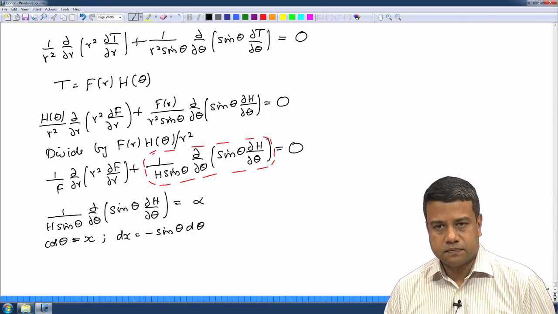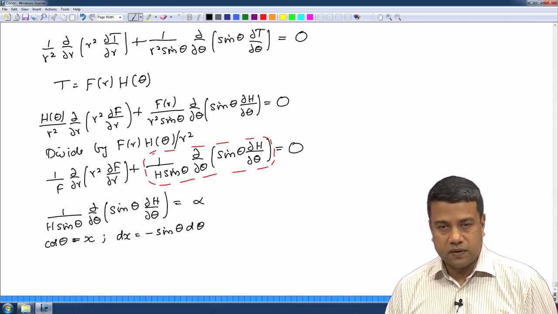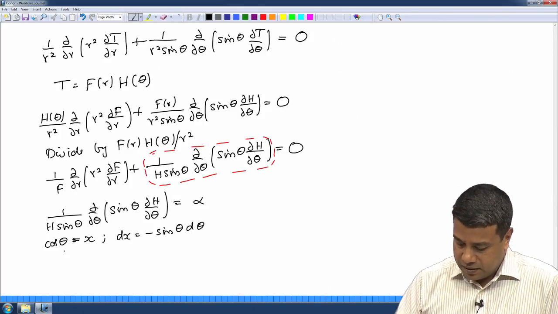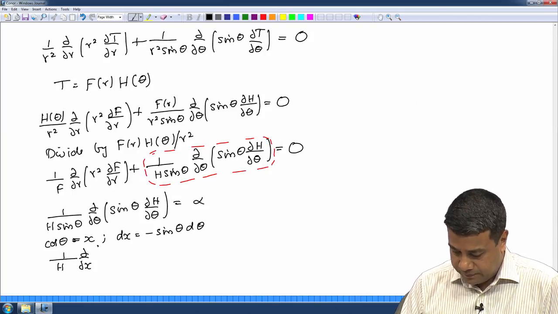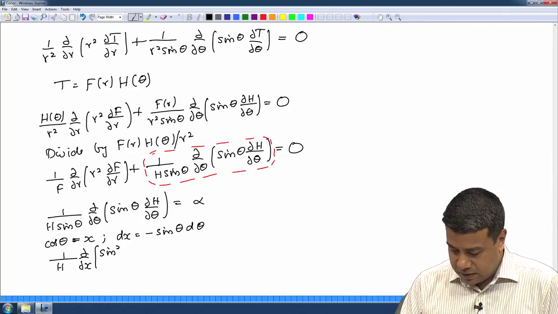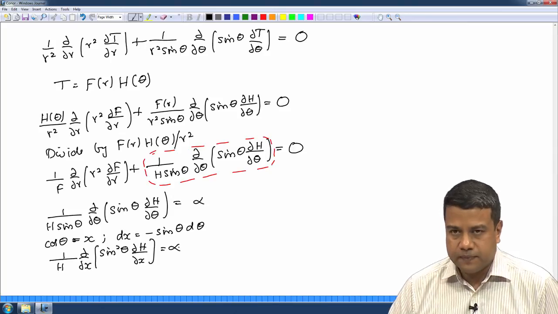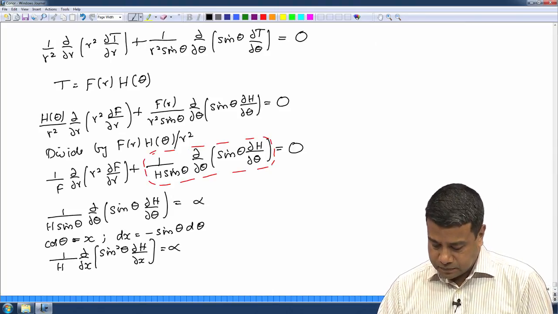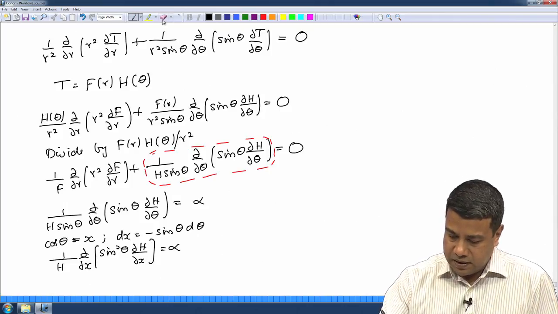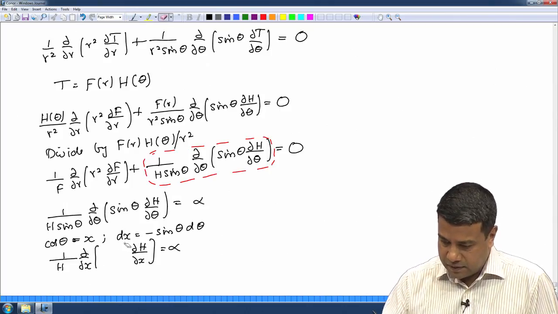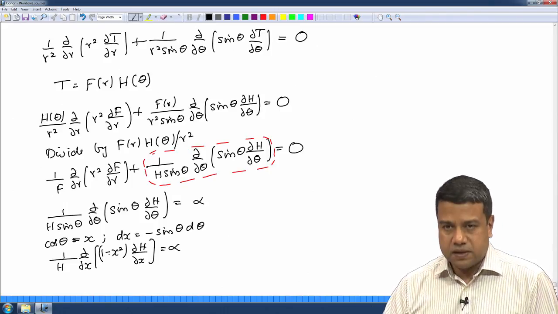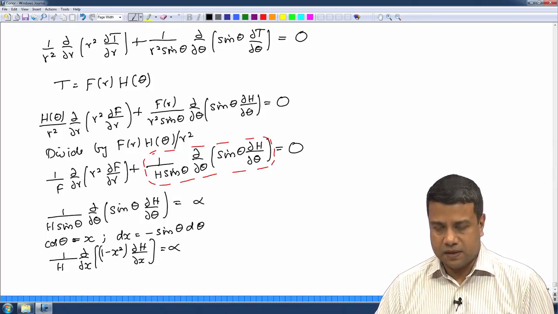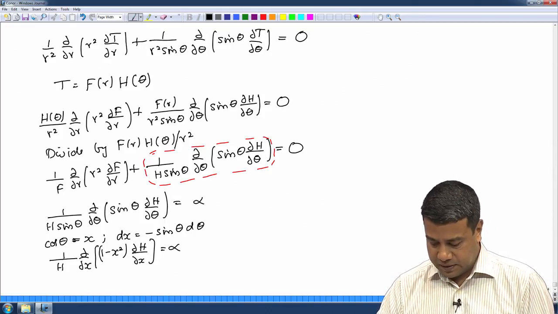If I change variables, I will get 1 over h d by dx of sin square theta dh by dx is equal to alpha. And this sin square theta, I can write it in terms of x. Sin square theta is 1 minus cos square theta. So, sin square theta I can write as 1 minus x square.